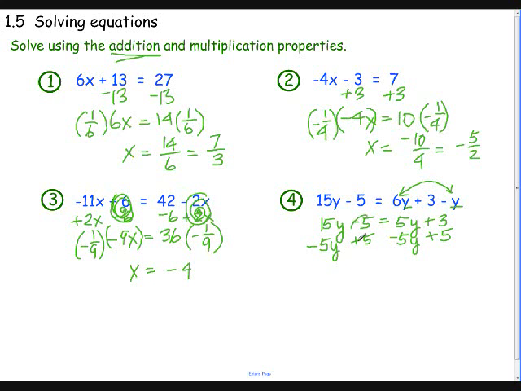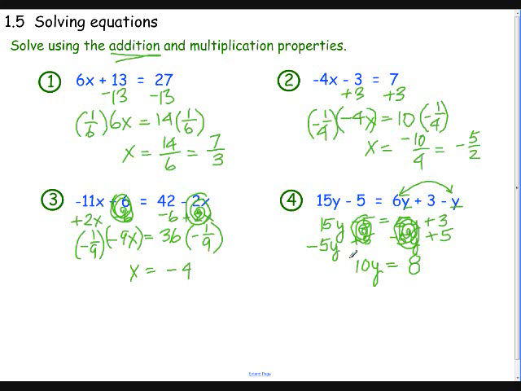What happens here? These will zero out. When you add something with the opposite sign, it will zero out, leaving me with 10y equals 8. Oh, this is nice. All positives.